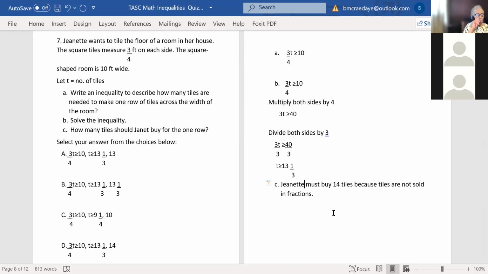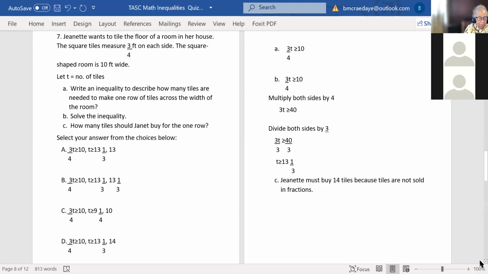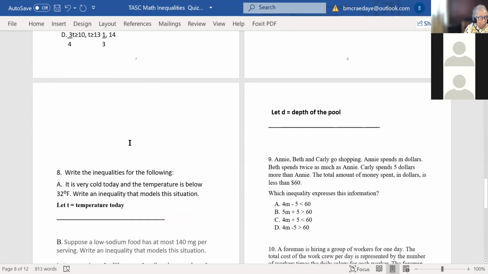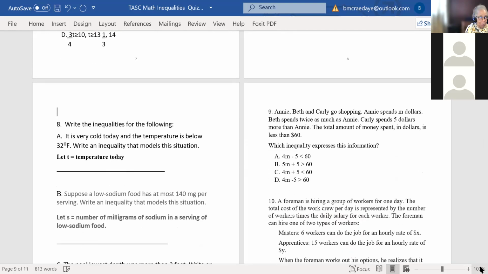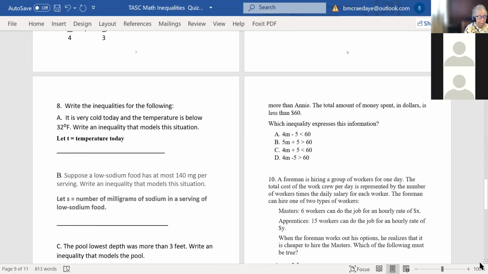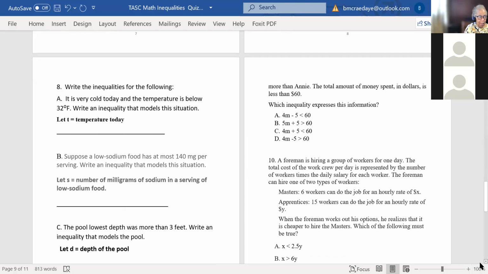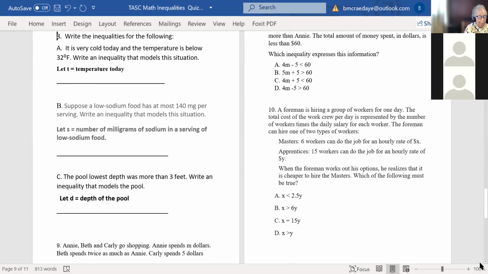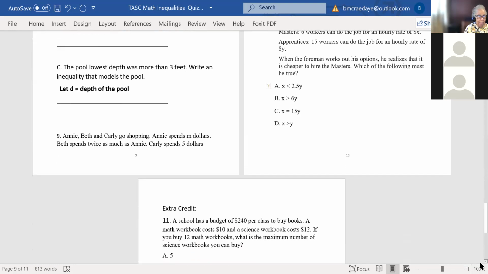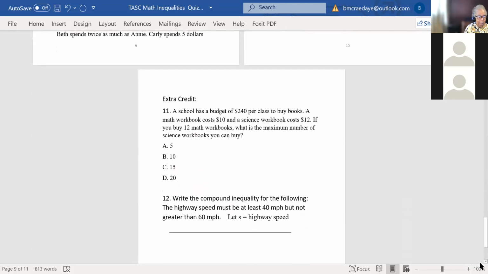Okay, now homework. I will send you this session, and I need you to complete the rest of these and text or email me the answers. So 8, and 8 has A, B, C, then 9 and 10, 11 and 12.